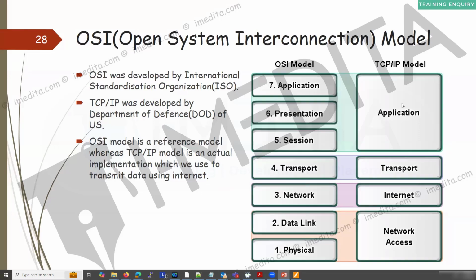As I told you, OSI has 7 layers: application, presentation, session, transport, network, data link, physical. If you are studying the OSI model from a sender point of view, the sender will generate some data at the application layer, then it is given to the presentation layer, then to session, then transport, then network, then data link, and finally your data will be placed onto physical media.